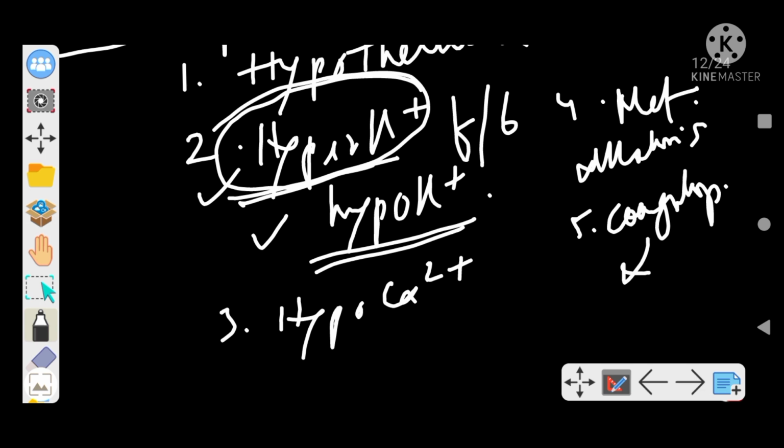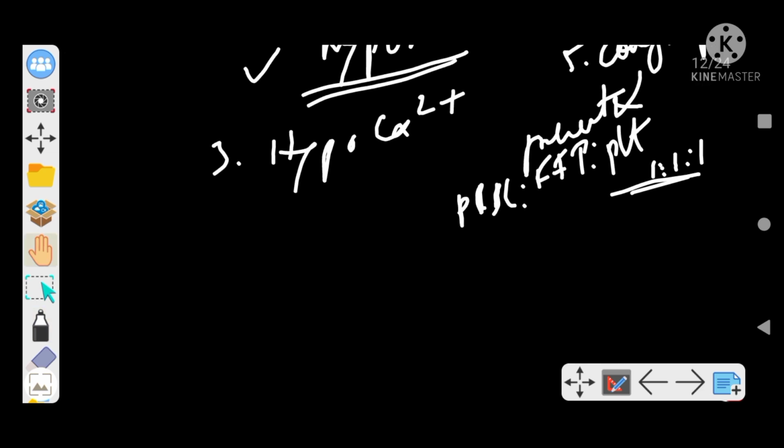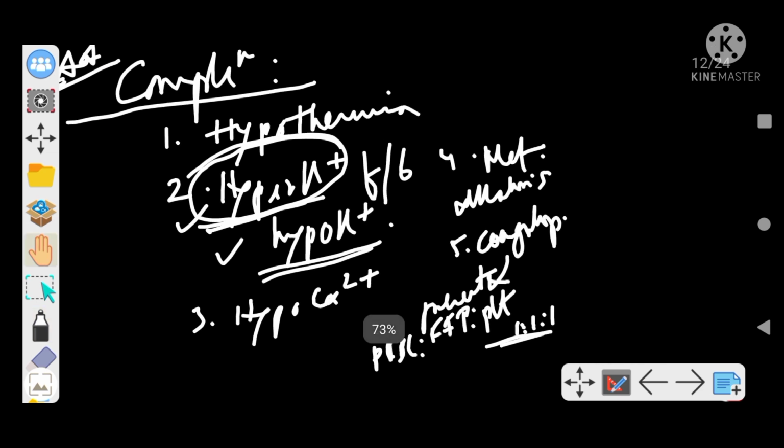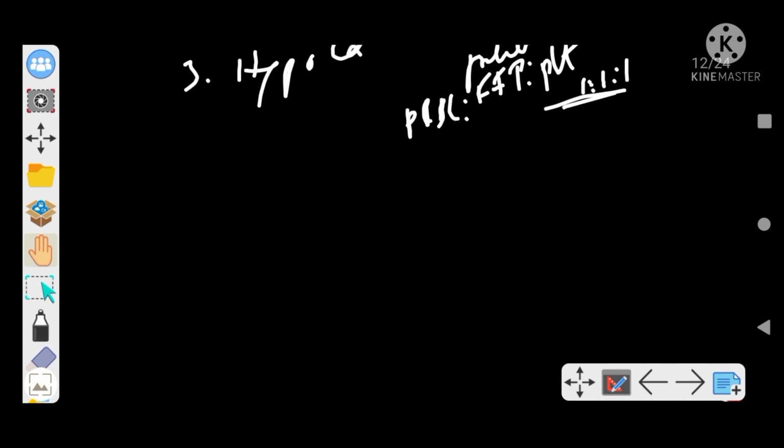To prevent coagulopathy, we can use PRBC to FFP to platelet in the ratio 1:1:1, right? So remember this point. We will revise the complications: hypothermia, hyperkalemia followed by hypokalemia, hypocalcemia, metabolic alkalosis, coagulopathy. And to prevent coagulopathy we can use PRBC to FFP to platelet 1:1:1.